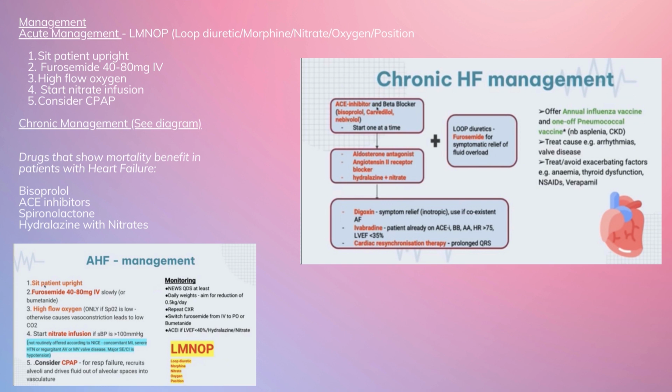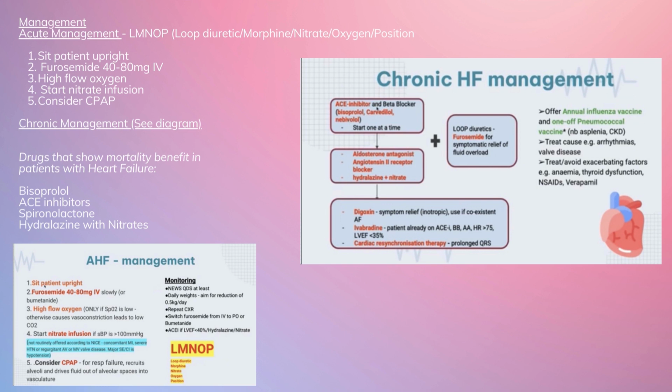We want to give them a loop diuretic such as furosemide to help release some of the fluid that's been building up around the heart. Give them high flow oxygen to aid in breathing. We also want to start a nitrate infusion, and this will help to relax the heart. And we can also consider CPAP.